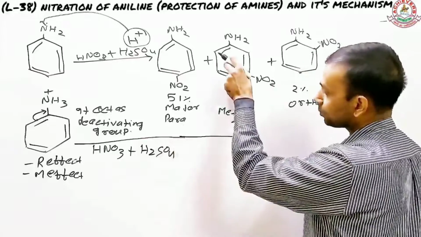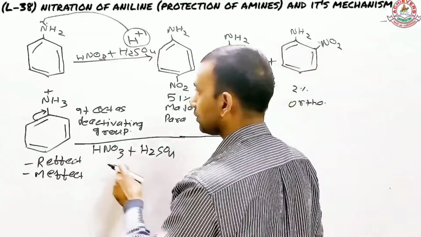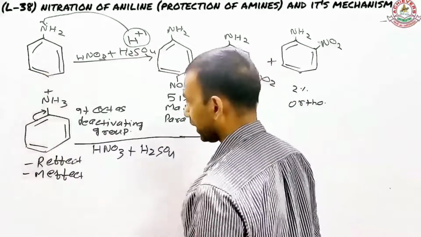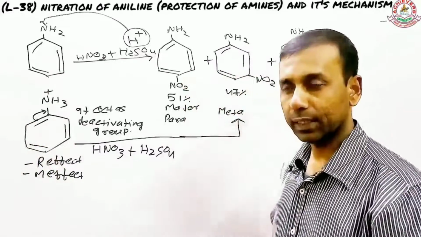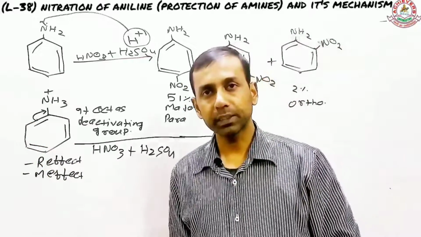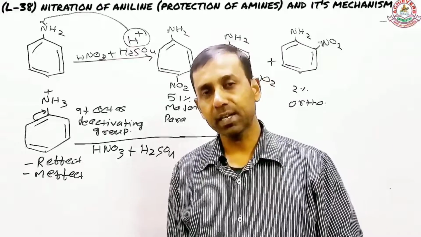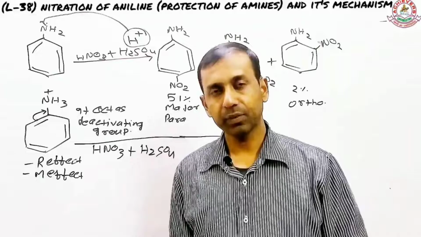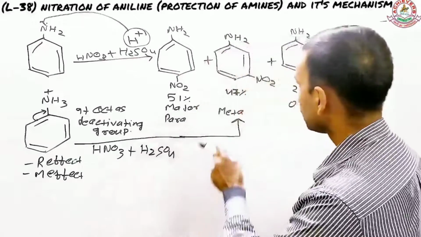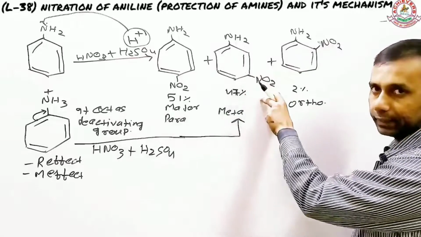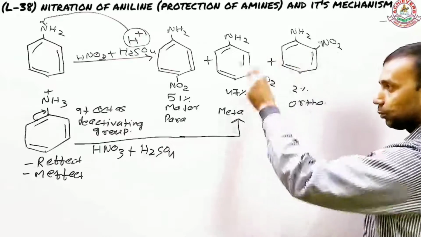So this product is formed when some proton attaches itself to the lone pair of nitrogen, and in that case this aniline converts into anilinium ion, and after it converts into anilinium ion, it starts exhibiting minus R effect, and due to minus R effect it becomes a meta directing group, and that's why a large amount of product formed is meta. So this is the reason why you get these three kinds of product.